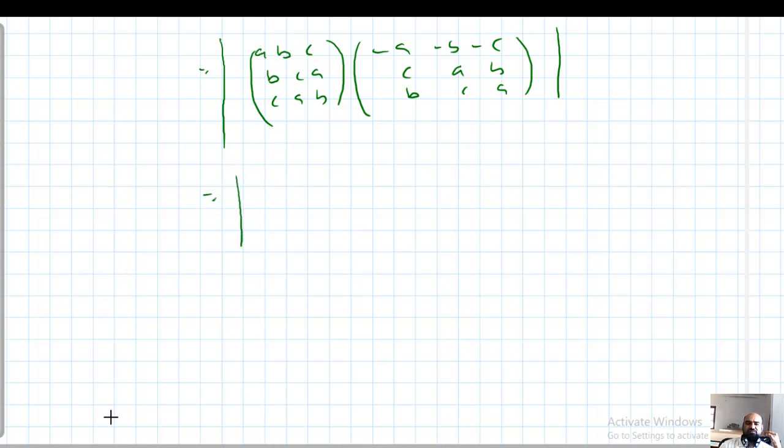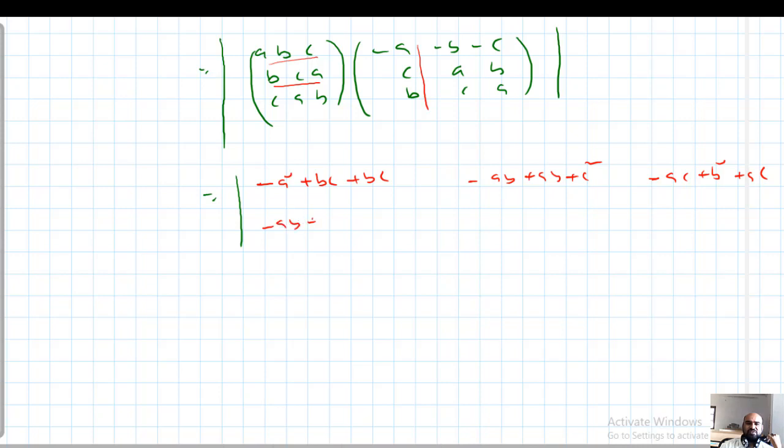yeah, you know how to multiply a matrix with another matrix. Minus A square plus BC plus BC. So minus AB plus AB plus C square. So this is minus AC plus B square plus AC. Second row, first column, what is that?